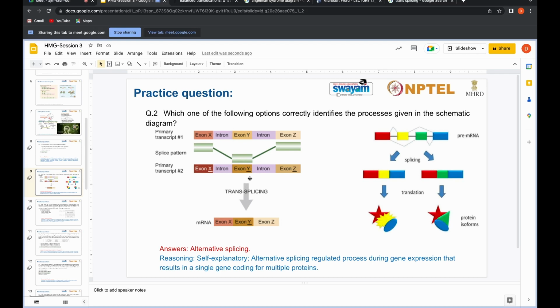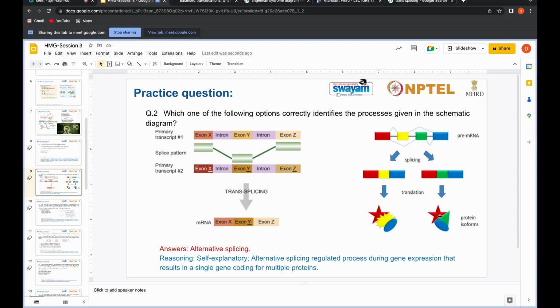But when we talk about alternative splicing, it is not defined which exon pairs will recombine. So here exon X is combining with Y bar, and then exon Z is present. A single exon is being replaced.